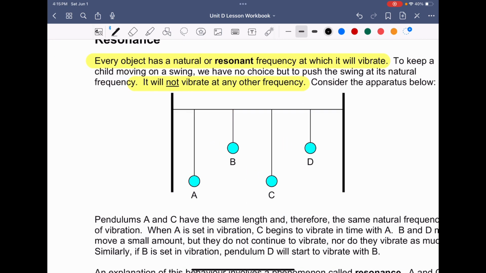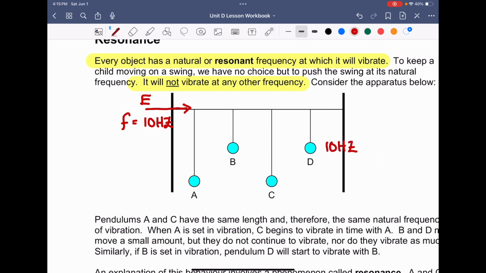I'm just going to use some mathematical numbers here to help us out. Suppose that some energy is transmitted down the line, or some given frequency is inputted down the line. Now I'm going to give a specific one. Suppose I say that 10 hertz is implemented down the line, and B and D have a natural or resonant frequency of 10 hertz.